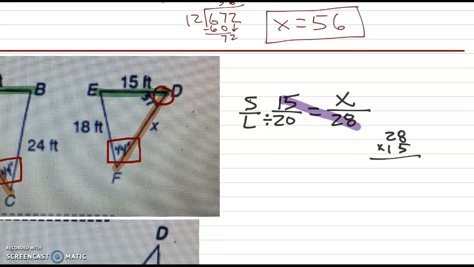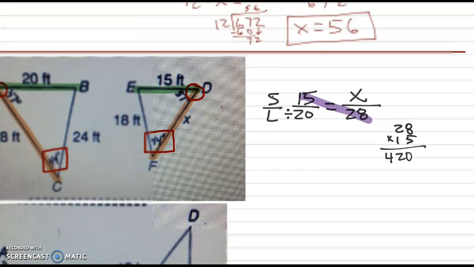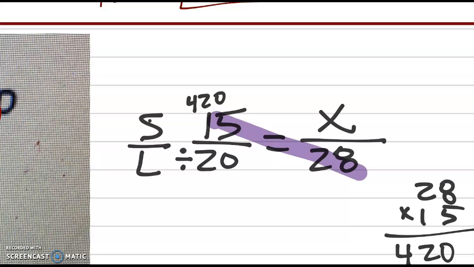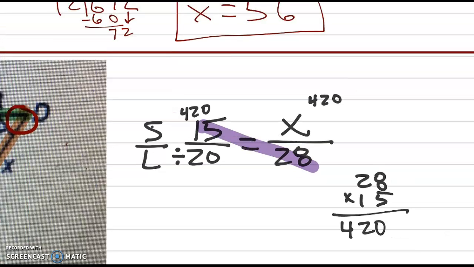In order to save some time here, I used my calculator, and it is 420. So we know that 20 times x also has to be 420. So 420 divided by 20 should give us x.